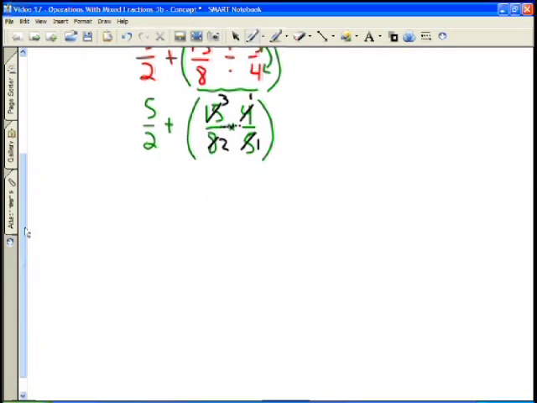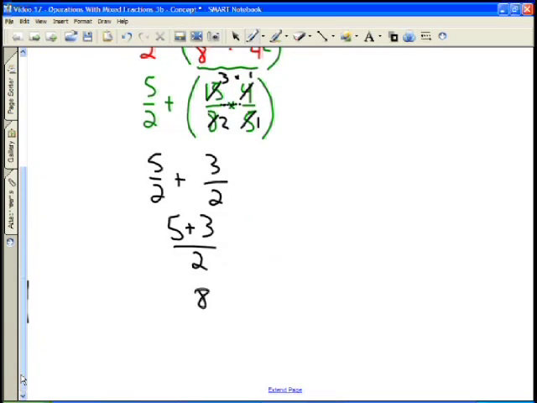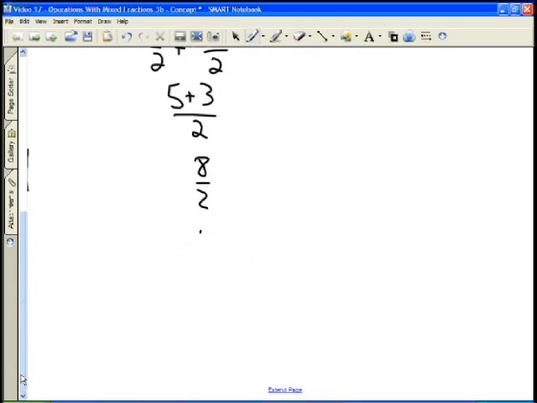So here we land up with now 5/2 plus, and 3 times 1 is 3, 2 times 1 is 2. So we get 5/2 plus 3/2. We already have a common denominator of halves, so that's the same as 5 plus 3 over 2, which is 8 over 2, which you can simplify, and that equals 4.